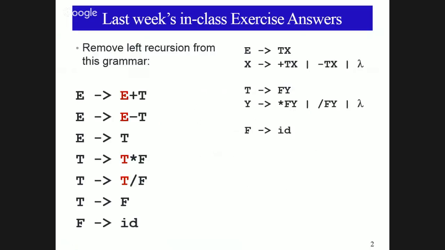I also asked you to remove unit productions, and some of you did that first. That's fine. Removing unit productions just means you're going to have more productions for A and more productions for B. None of those have a left recursive S in it, which is okay.